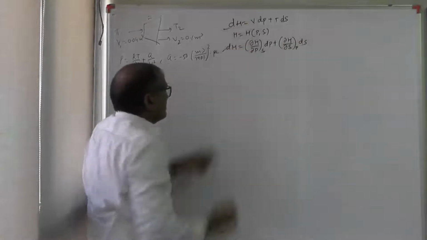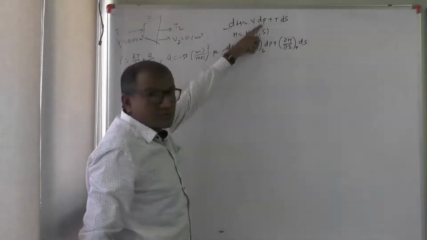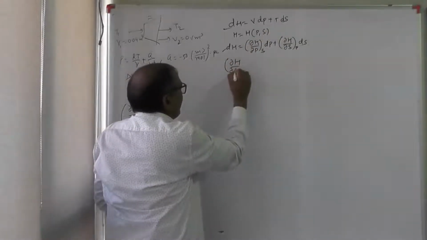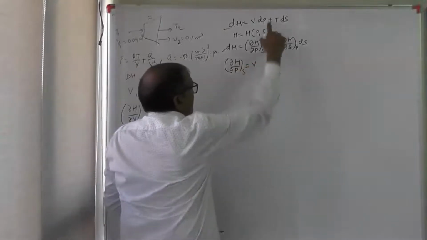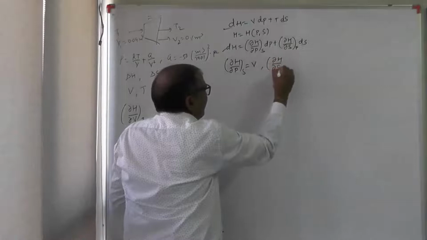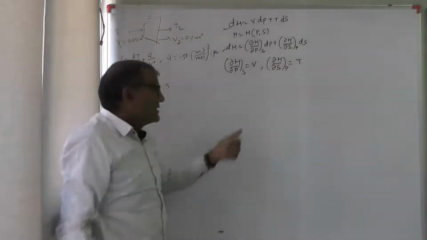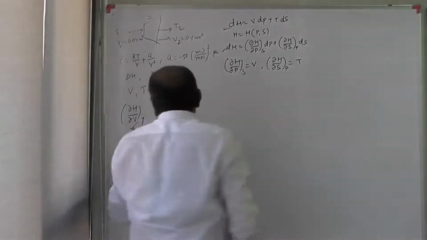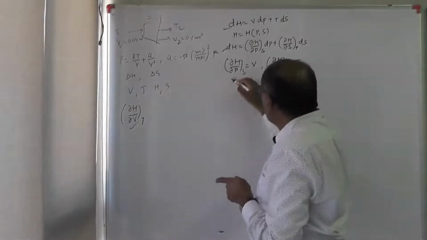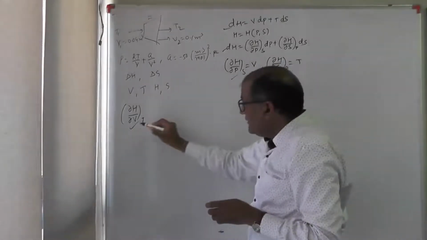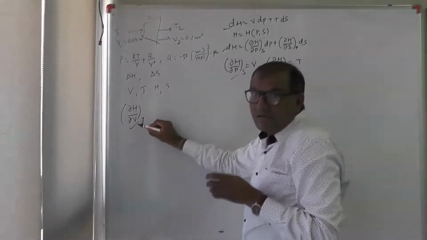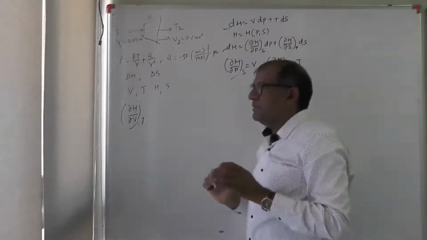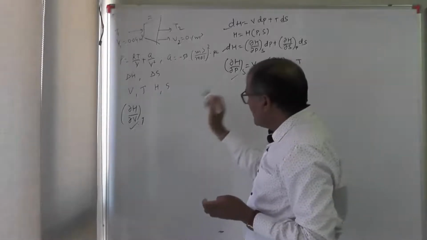If I compare these two equations, the coefficient of dP and the coefficient of dS, this would be V and this would be T. Now I can consider volume and temperature are measurable. This derivative is not measurable, but these two are. If I am able to convert this partial derivative in terms of these two, then the problem will be simpler. Now the question is how.